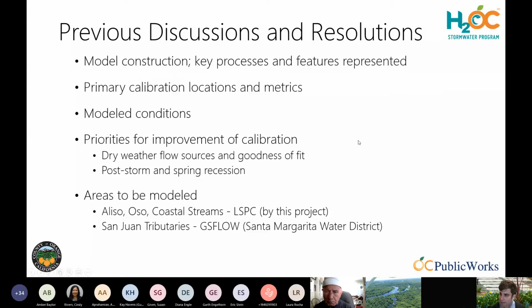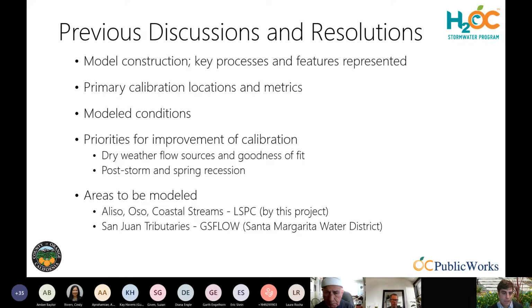From those previous meetings, these are specific to the discussions and resolutions we've had about the hydrologic model. We talked about the model construction, what we're representing in terms of processes and features in the watershed, how we were going to do the calibration, where we were going to do it, and what metrics we were going to use, which watershed conditions.